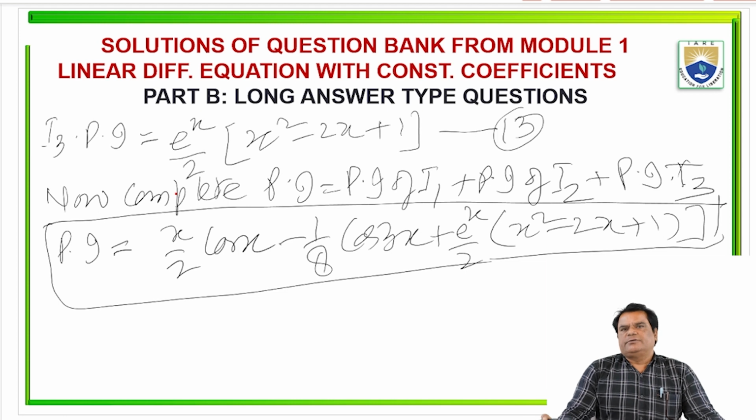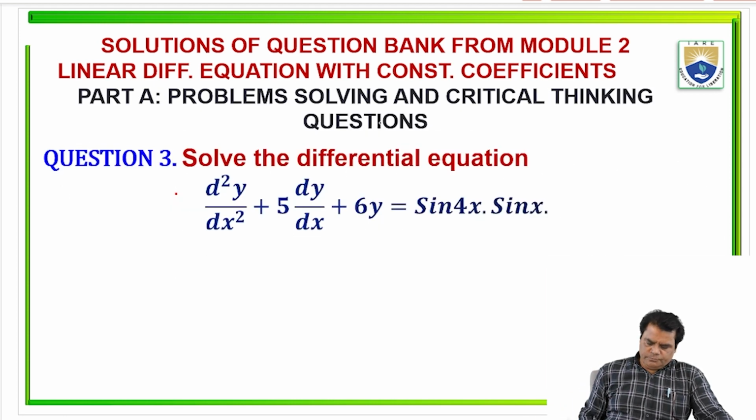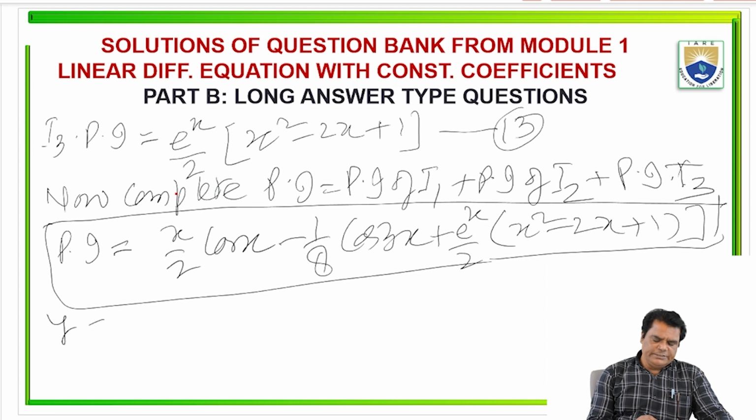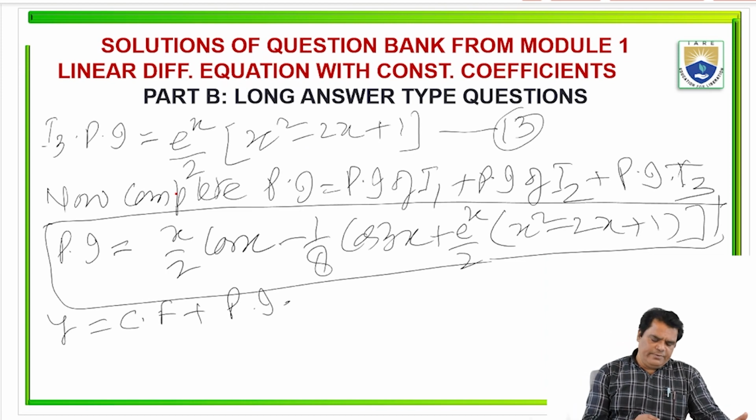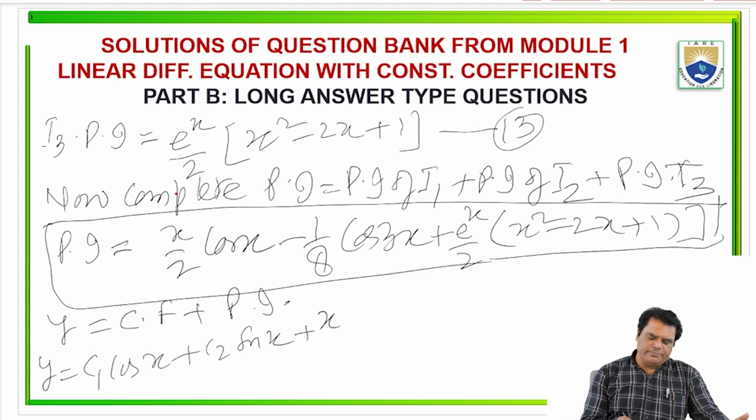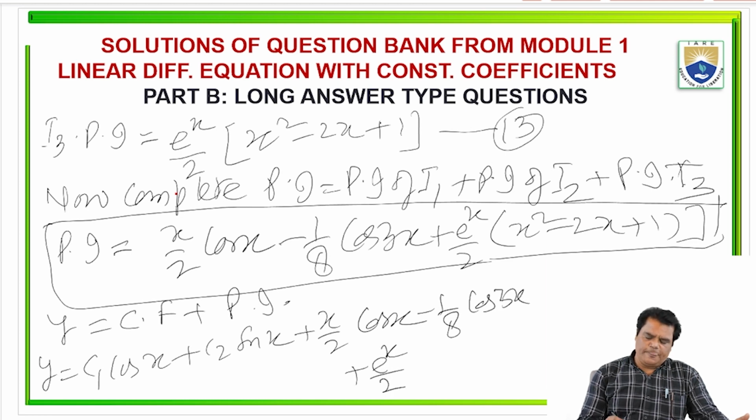Now y is equal to CF plus PI, adding the complementary function and particular integral. Then we write y equals C1 cos x plus C2 sin x, plus x by 2 cos x minus 1 by 8 cos 3x, plus e to the power x by 2 times (x square minus 2x plus 1).